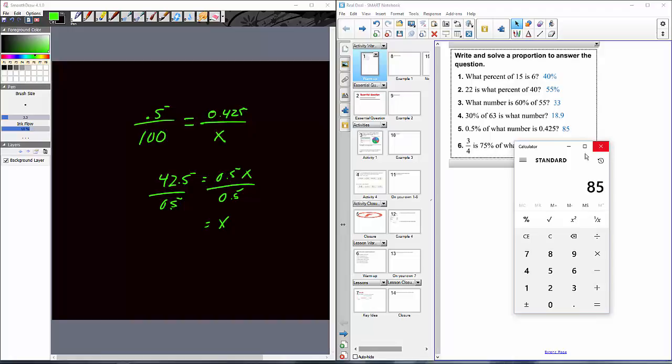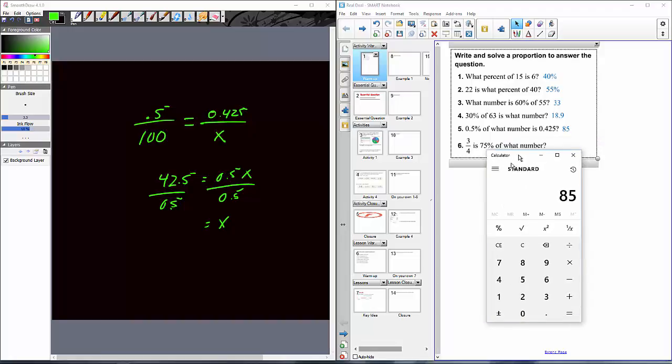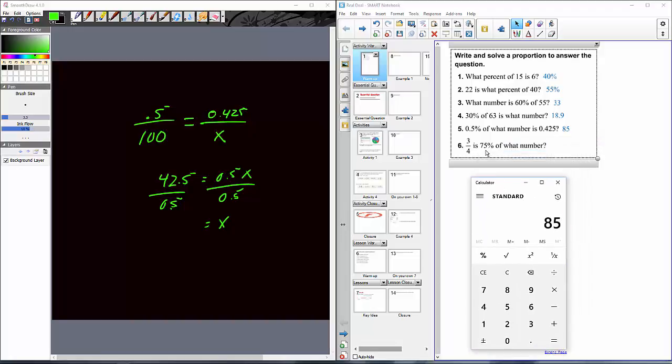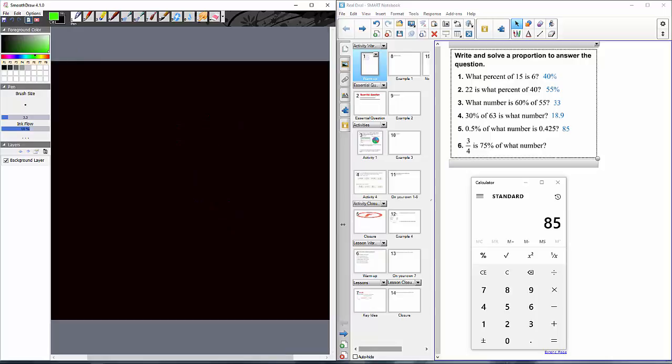And my last one is 3/4 is 75% of what number? Well, let's think about this for a second. I know that 3/4 is 75% of some number I don't know, so I'll say that equals 75 over 100.